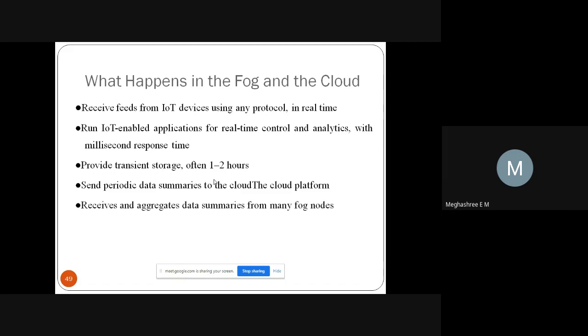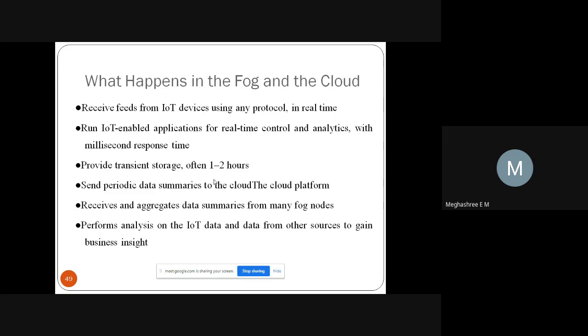Okay, and next, receives and aggregates data summaries from the fog nodes. This happens at the cloud. The cloud will receive and aggregate data summaries which are received from the fog nodes. And the next one is performing analysis on the IoT data and data from other sources to gain business insight.